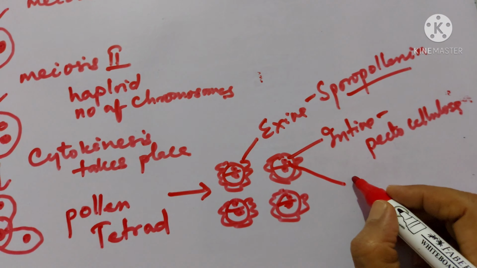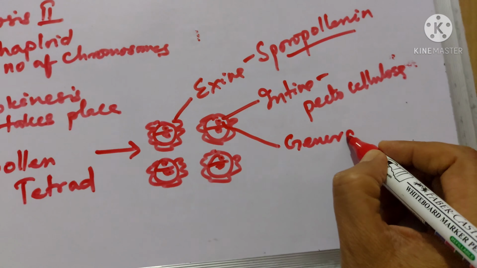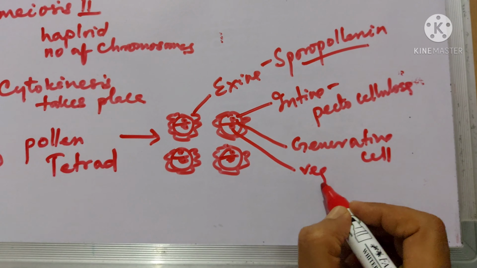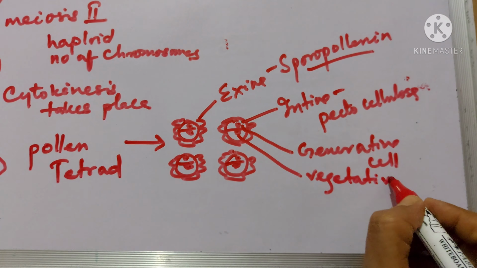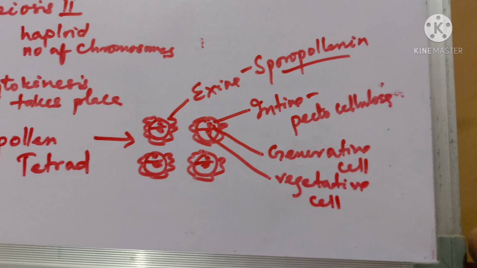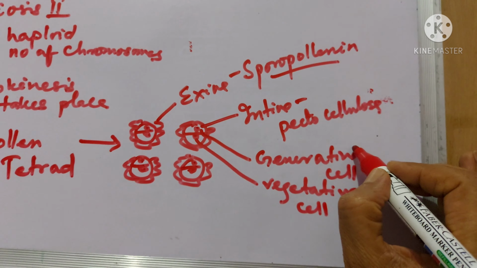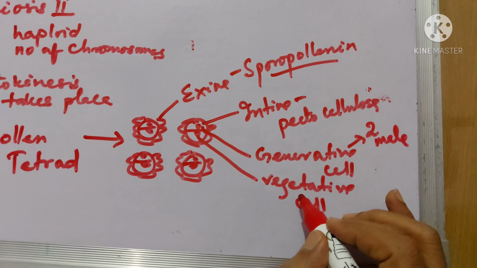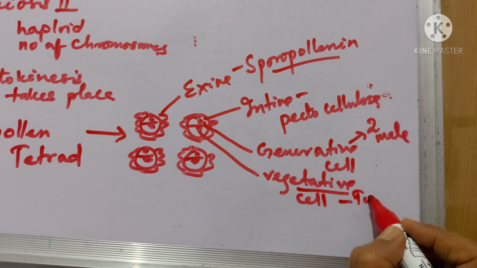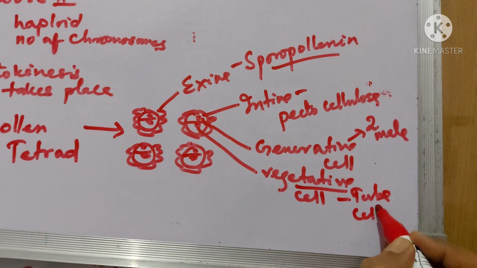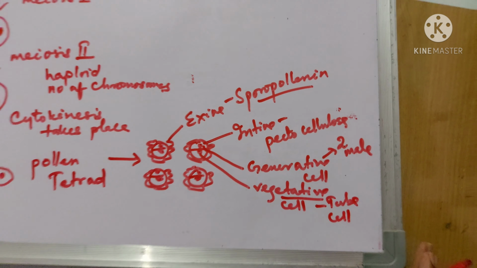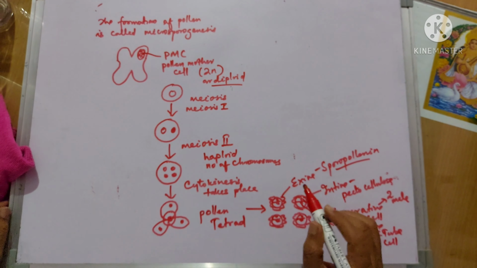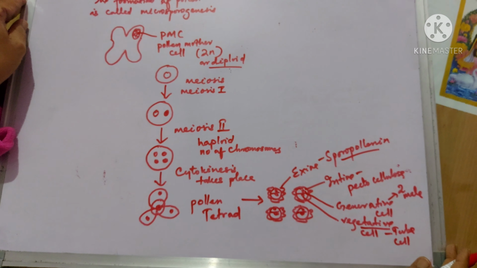One is the generative cell and another is the vegetative cell. In future, this generative cell gives rise to two male gametes, and the vegetative cell behaves as the tube cell. So this process is called microsporogenesis.